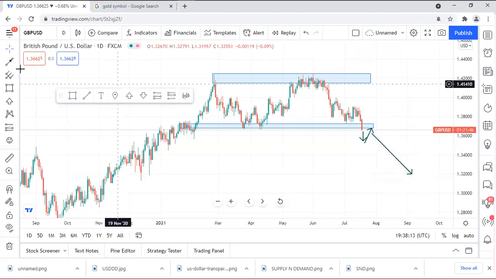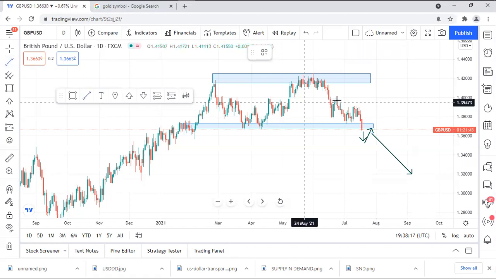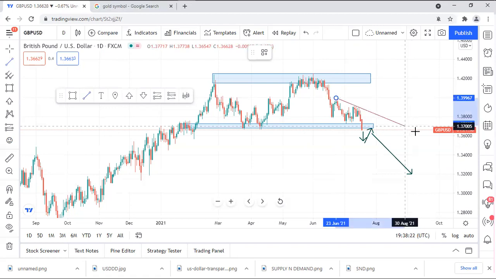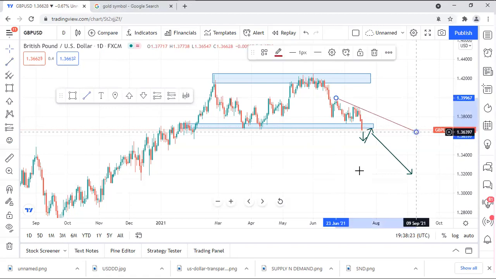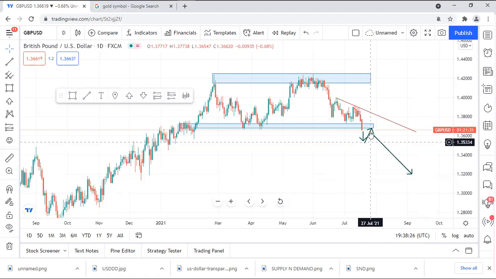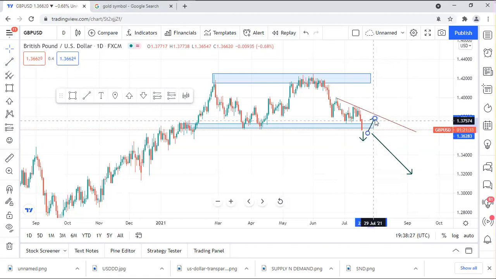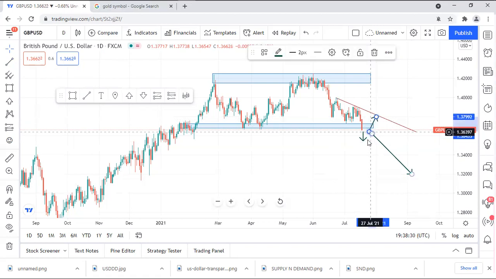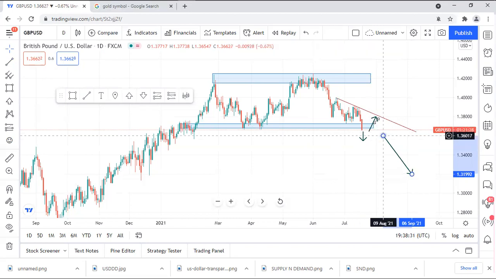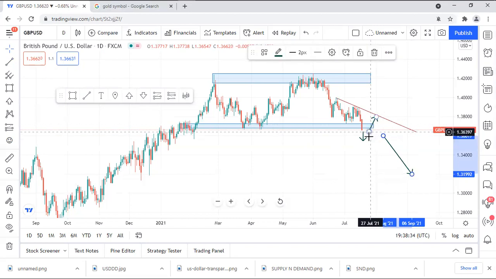So what we can do is project how this price will play by connecting that and that, like that, and anticipate that maybe we might have a spike to that trend line or to the zone.